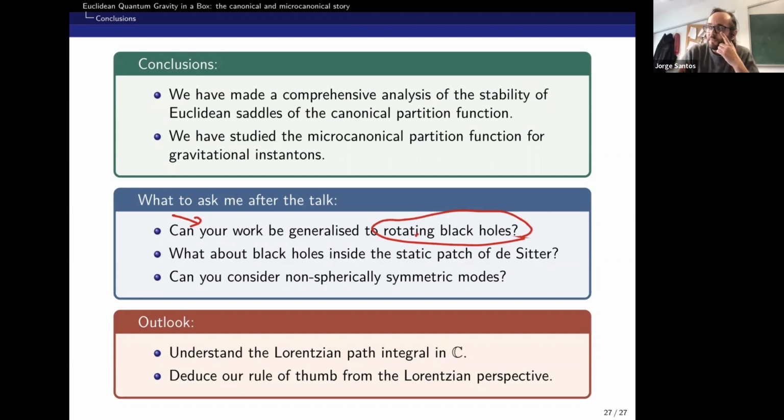Having said that, as I hope I've emphasized, forget the quantum problem, okay? Just take the Einstein equation, the classical problem, and ask the following question. What boundary conditions should I choose at the cavity such that the Einstein equations are well posed, that I can solve them and the answer is unique?